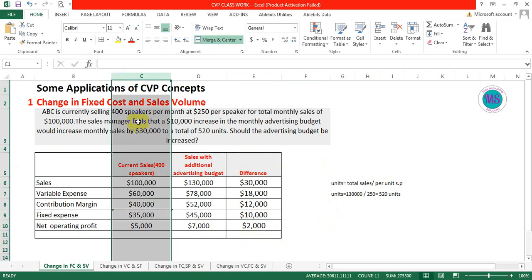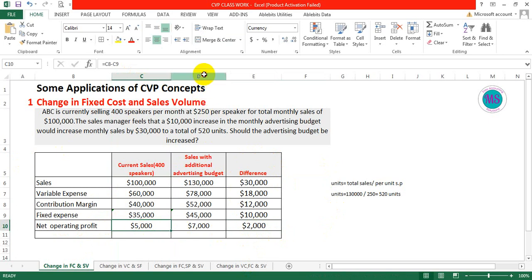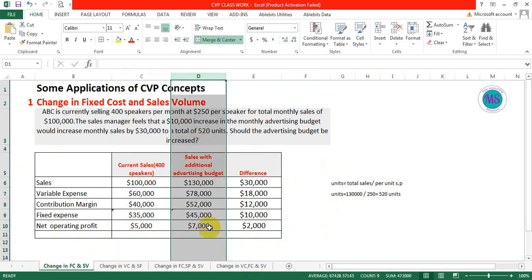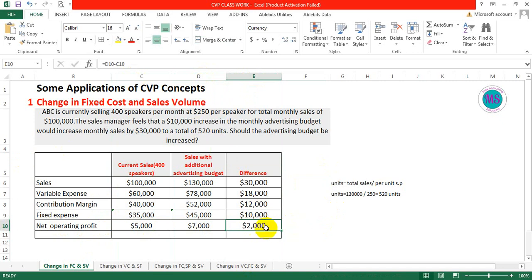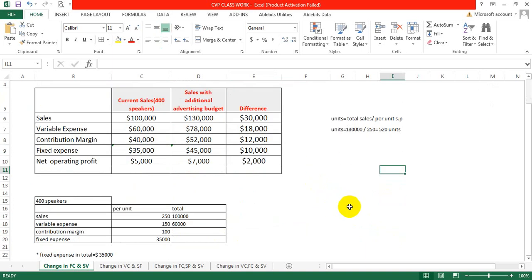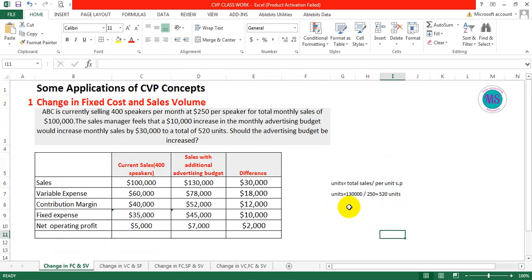The previous net operating income was 5,000, but after increasing the advertising budget it becomes 7,000 and the difference is positive. Yes, net operating income increases by 2,000, so the advertising budget should be increased, because it increased its sale.